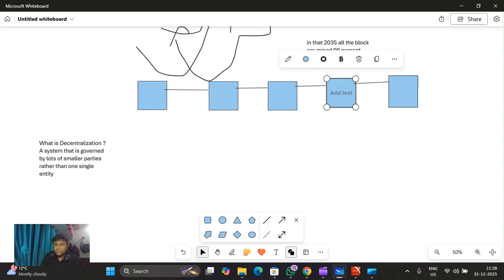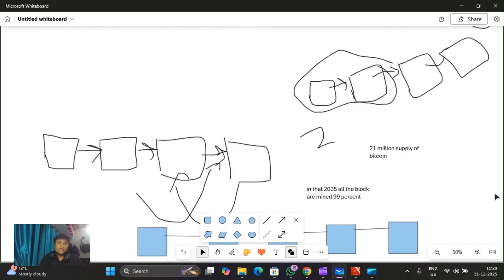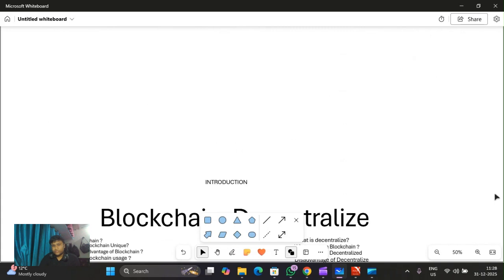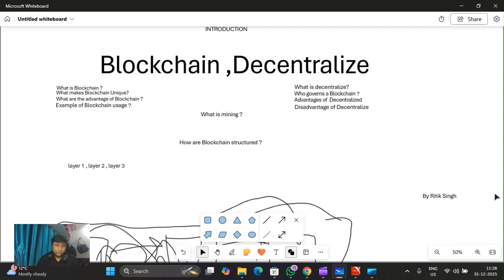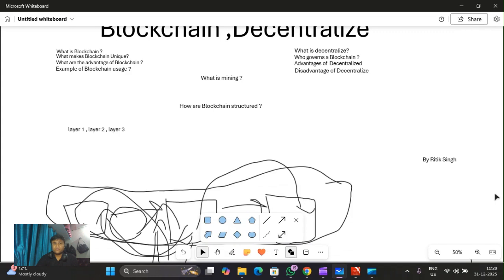In the next video we will discuss smart contracts. How can you deploy and run your application on the blockchain, on the Ethereum network or Bitcoin network? That's very costly, but if you want to, you can. So what is a layer 1?